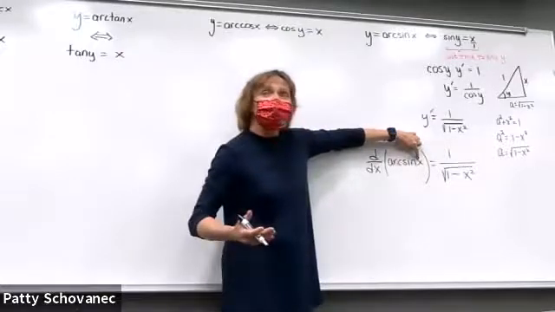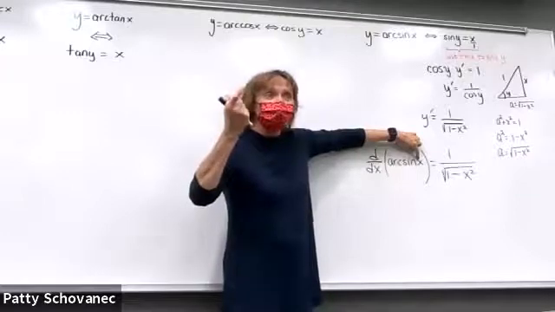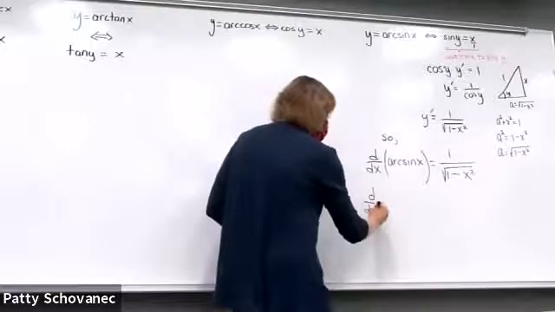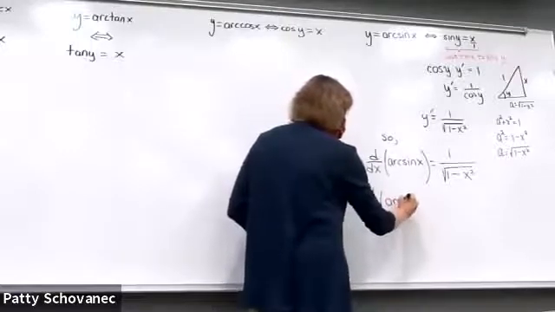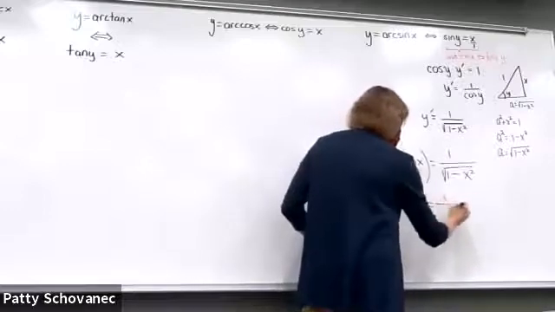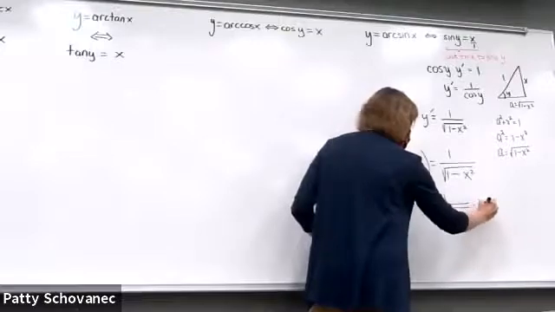So when I have more than an x, I use the variable u to denote some function of x. So the chain rule version of this is that the derivative with respect to x of the arcsine of u is 1 over the square root of 1 minus u squared times u prime.